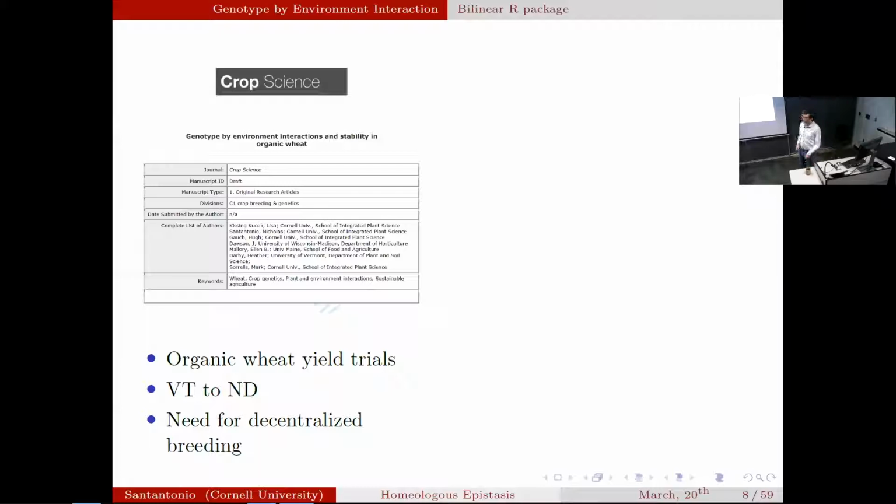And she found that there were significant location or genotype by location effects such that it made sense to have these decentralized programs in these different regions. Now, this study was nice because it was replicated, but we ended up using the parametric bootstrap regardless because it tended to give more biologically relevant numbers of interactions, so typically fewer dimensions, right? So K was low, like 1 or 2.